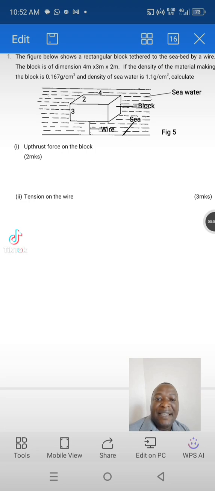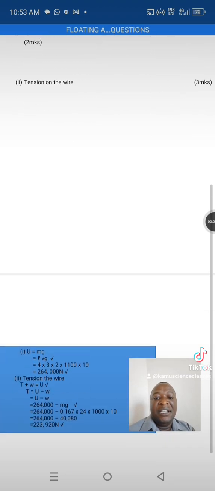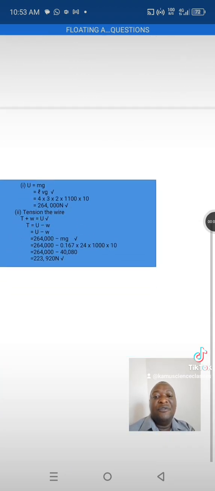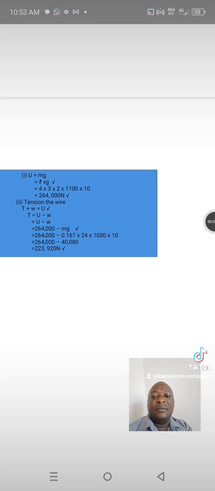So in this case, the mass we have gotten as 24 cubic meters times 1,100, then times g, which is 10, as we can see in the solution below for part (i), where rho is the density of the liquid, which is 1,100, V is the volume, which is 4 by 3 by 2, then times g, which is 10, to give us 264,000 newtons.